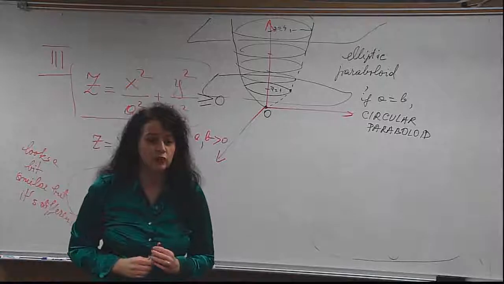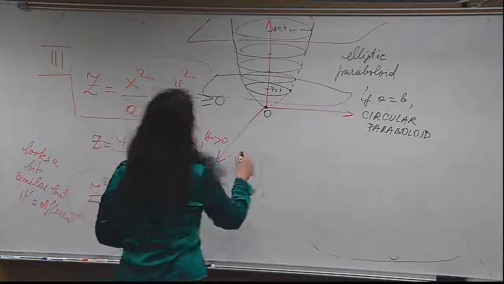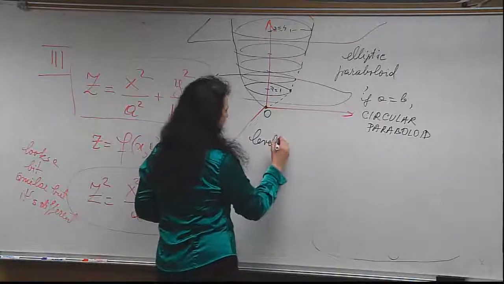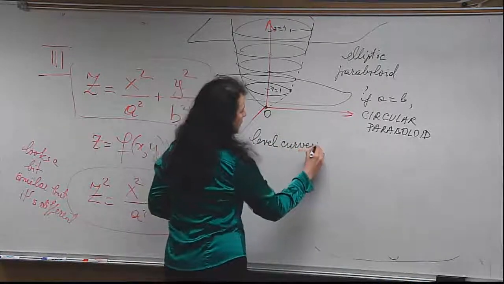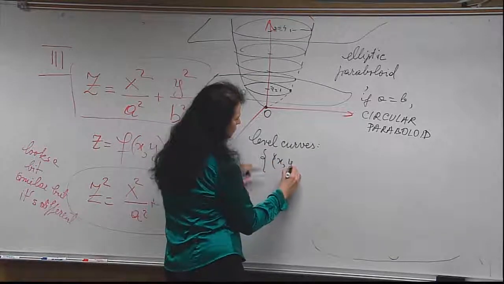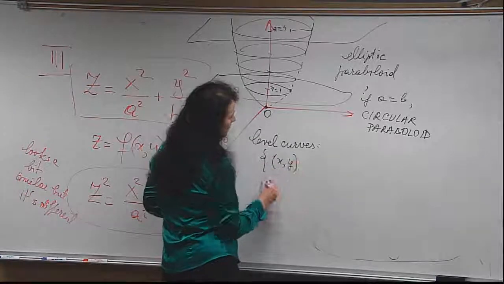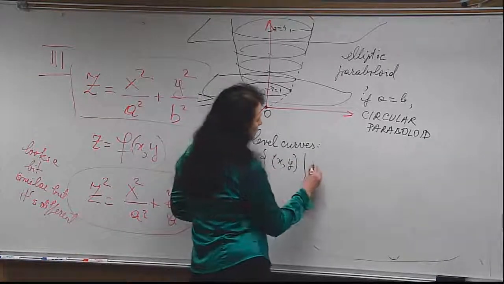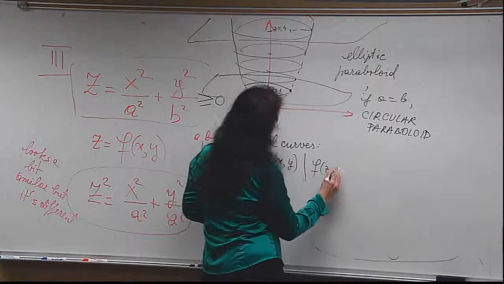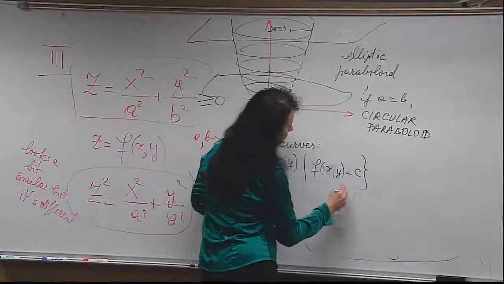They are called level curves. So what the heck is a level curve? A level curve you will learn in chapter 11, but I can anticipate a little bit. Okay, the set of all x y values with the property that f of x y equals a constant.